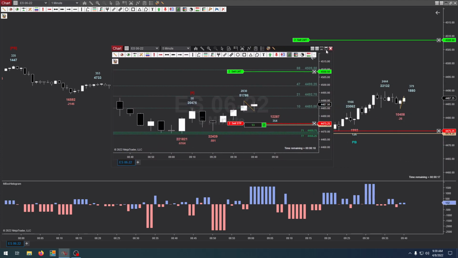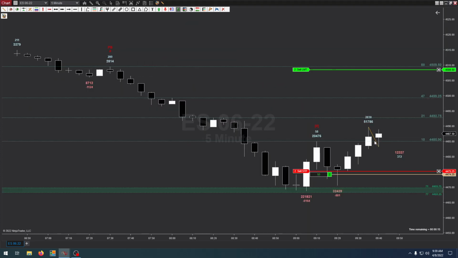On the 5-minute, price did come down and test this level, tested it a couple times, as it showed on the 3-minute. And we do have a positive volume delta here. Can we take out this high?